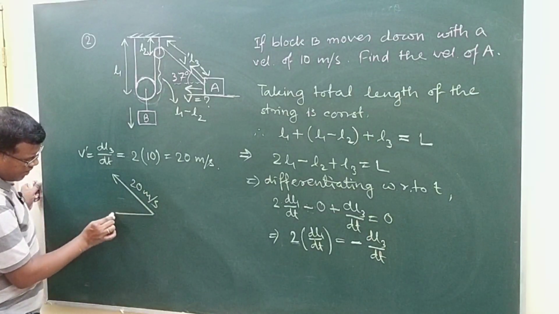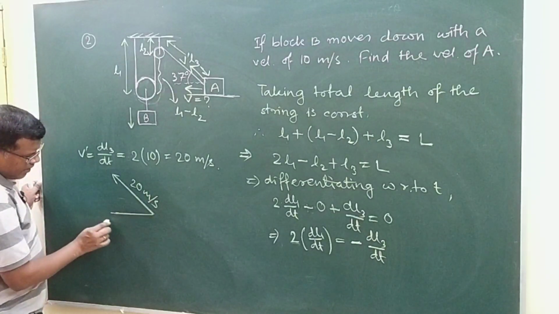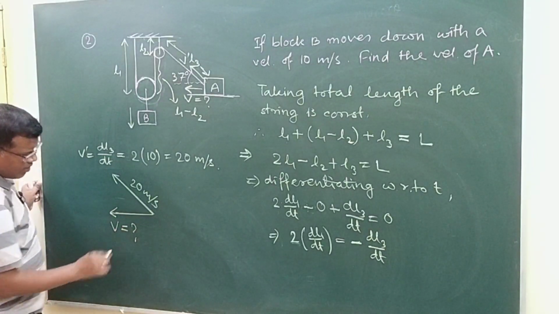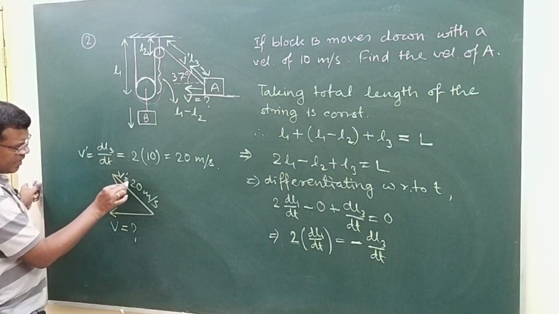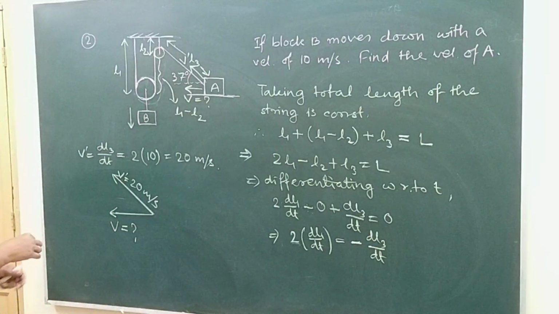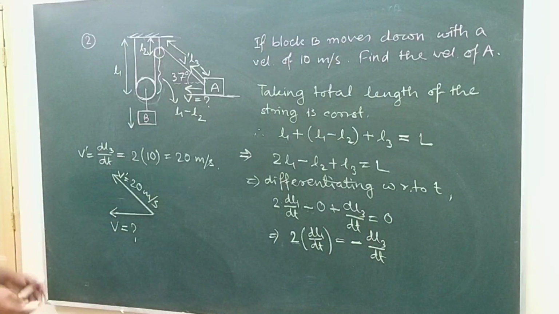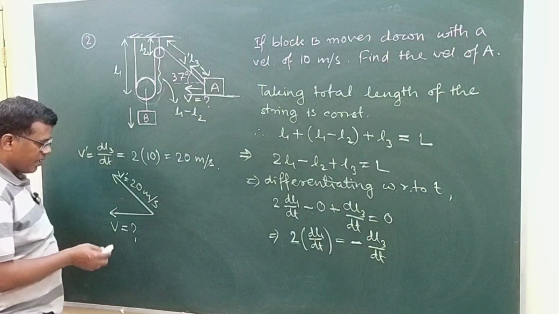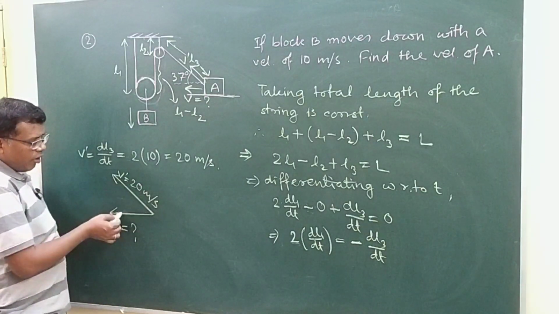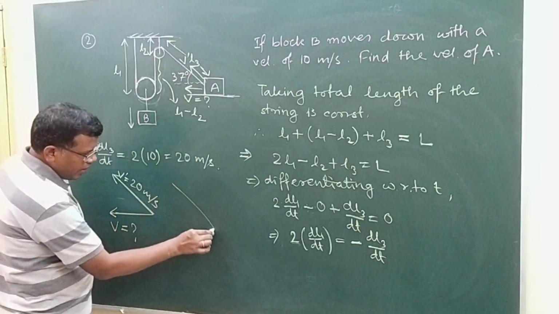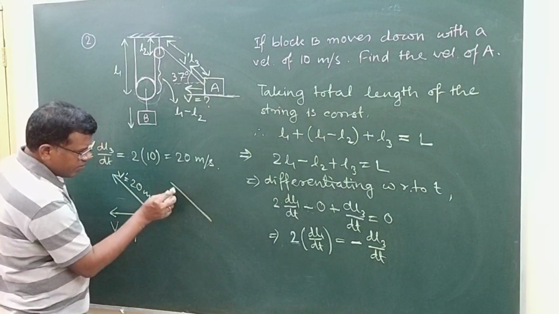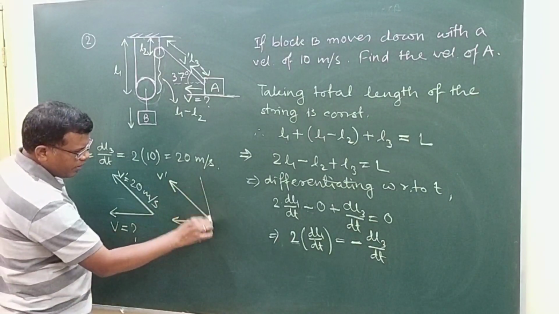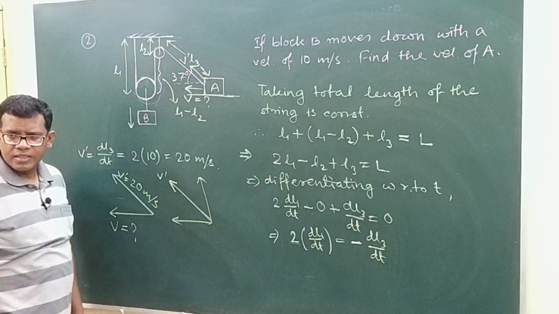We are concerned with the velocity of the block, and this is v dash as I said. Here we need to resolve v, not v dash. If I simply resolve v dash, then you see what we are getting: two components like this, isn't it?